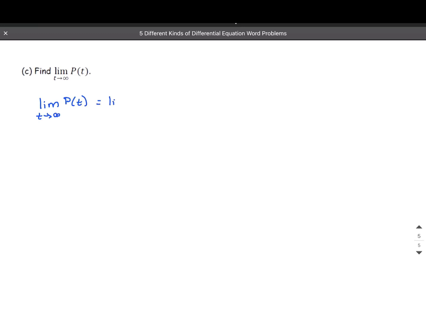So that's the limit as t approaches infinity, or grows without bound, of, now what was our p function? Our p function was 800 minus 300 e to the negative, now we have to put in our k, so I'm going to put t natural log of 3 all over 2 in that exponent.